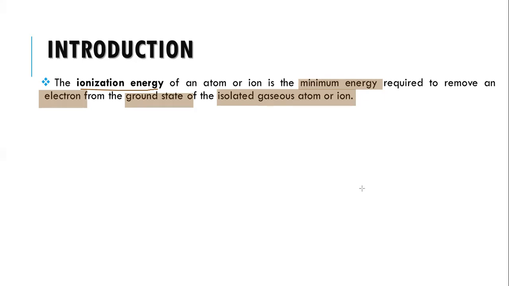An ion is able to carry a positive or negative charge. It is the minimum energy required to remove an electron from the ground state of an isolated gaseous atom or ion, or the minimum energy needed to remove the loosely bound electron from the valence shell. Again, the minimum energy required to remove an electron from your valence shell, where the electrons are loosely bound, is called ionization energy. Hopefully you understand.